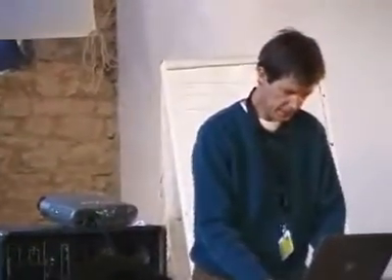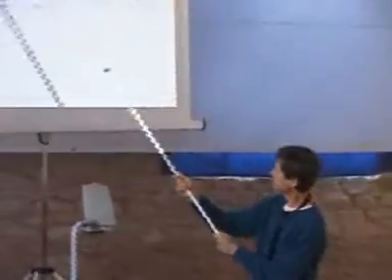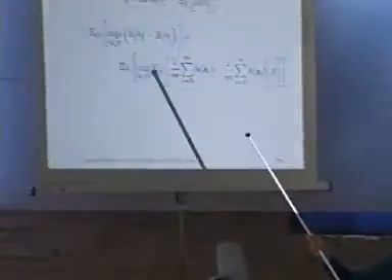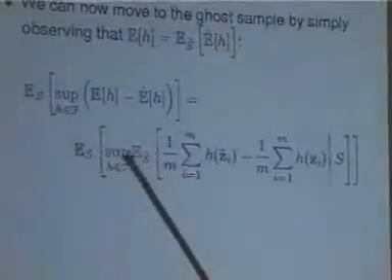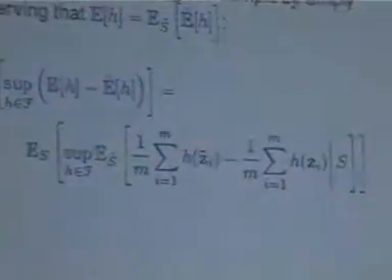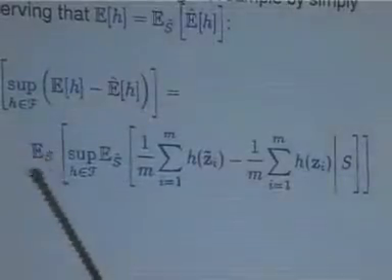Now, the next thing is that we can remove that expectation here through the sup, and we will only actually increase the value. We're going to gradually try and get these expectations together on the outside.